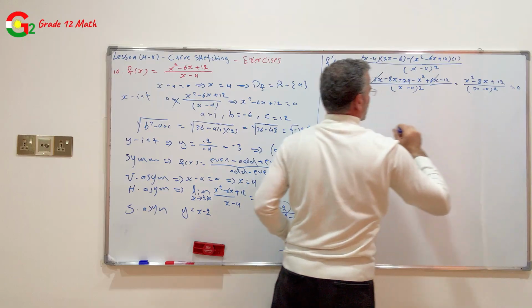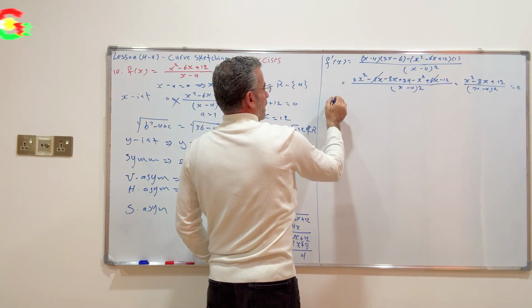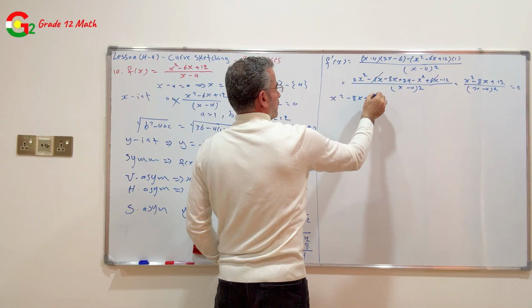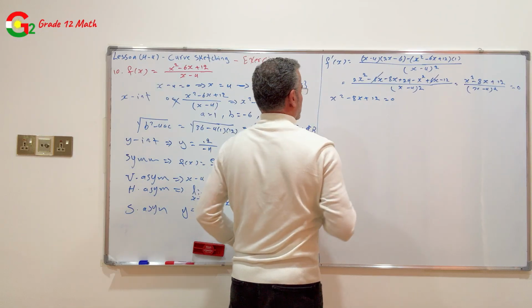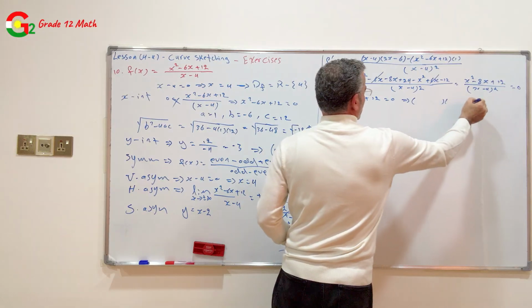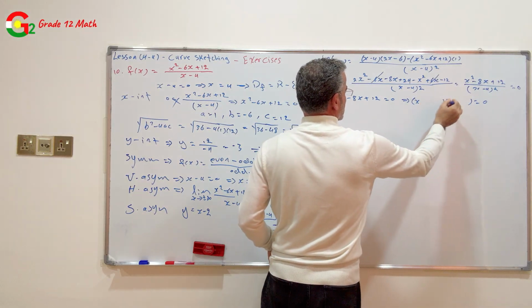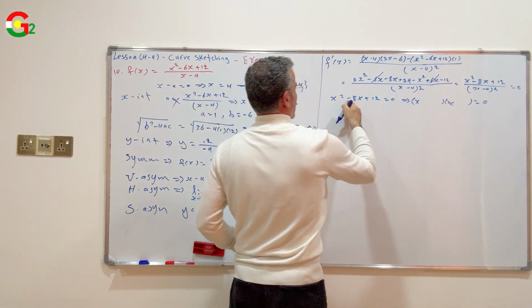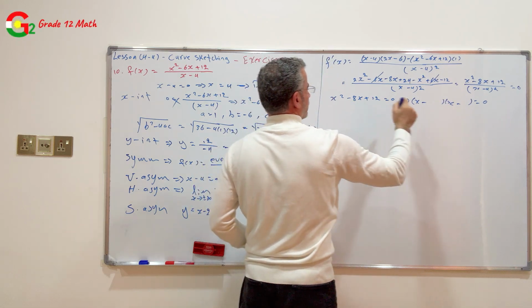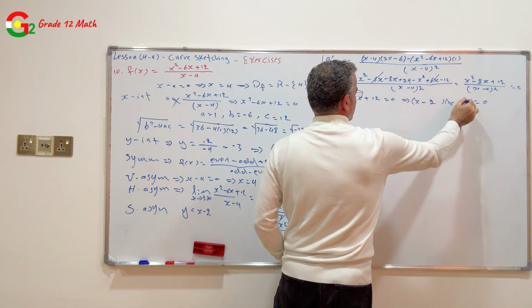Set it equals 0. Then x power 2 minus 8x plus 12 equals 0. Factor by inspection: x minus 2 times x minus 6 equals 0, since negative 2 and negative 6 multiply to 12 and add to negative 8.